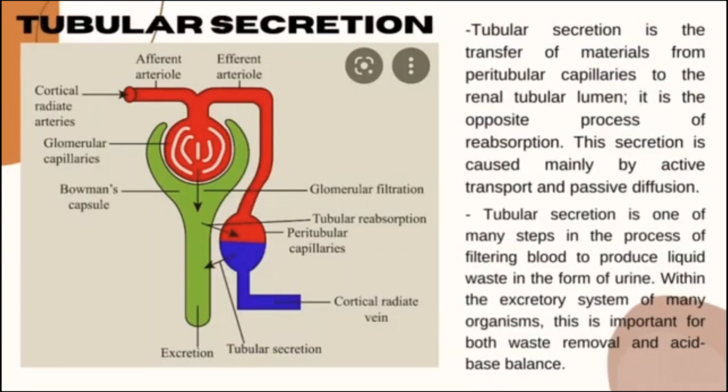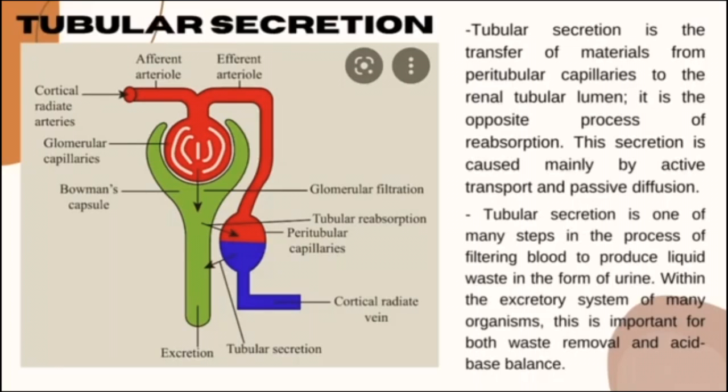Now, tubular secretion. It is the transfer of materials from peritubular capillaries to the renal tubular lumen. When we say lumen, that is the inside space of a tubular structure such as an artery or intestine.